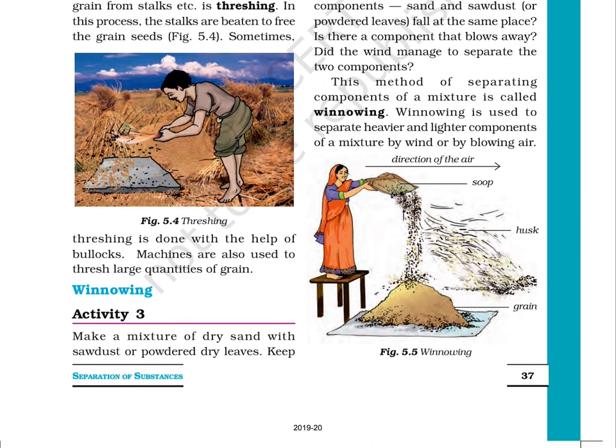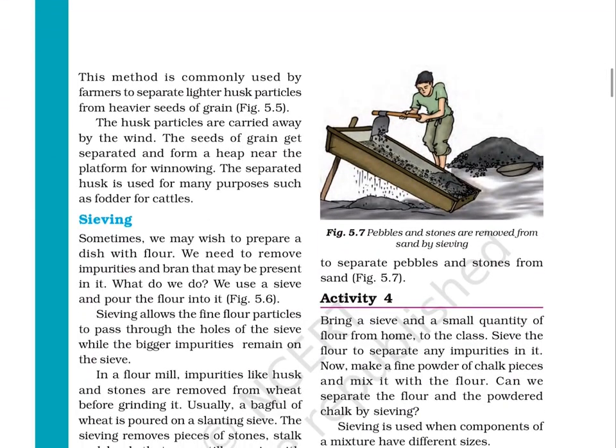This method is commonly used by farmers to separate lighter husk particles from heavier seeds of grain, as shown in Figure 5.5. The husk particles are carried away by the wind. The seeds of grain get separated and form a heap near the platform for winnowing. The separated husk is used for many purposes, such as fodder for cattle.